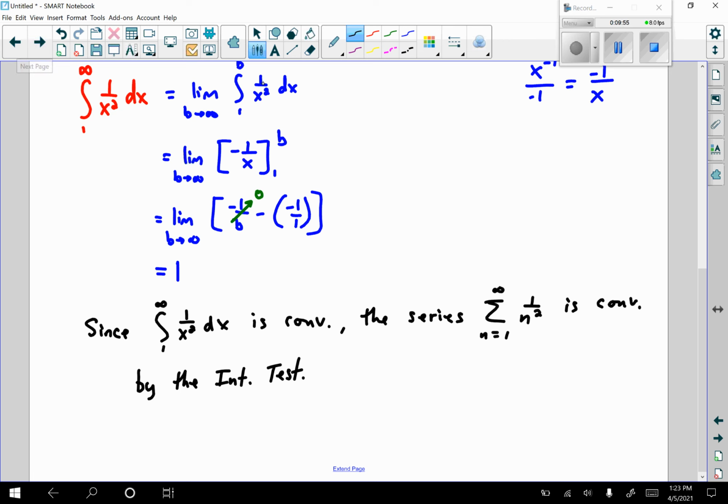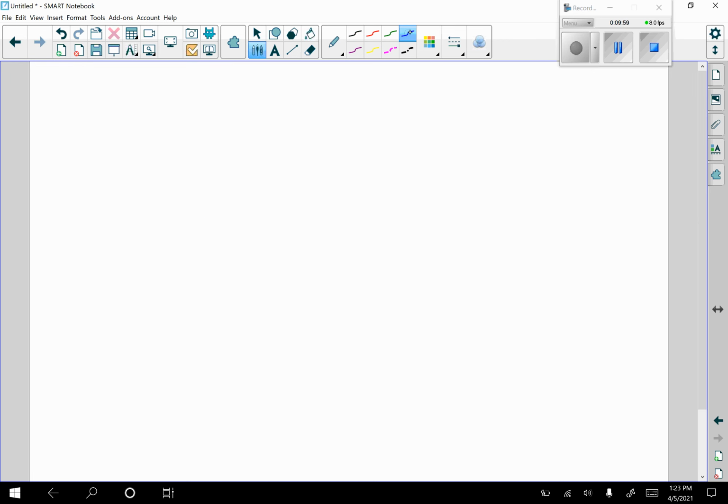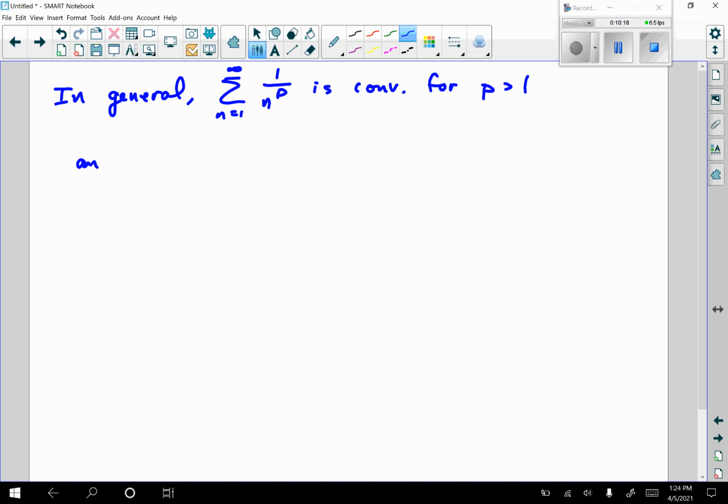Now hopefully you recognize that it was 1 over x squared. So we would say, in general, the series of 1 over n to the power of p is going to be convergent for all p greater than 1 and divergent for all values of p less than or equal to 1.